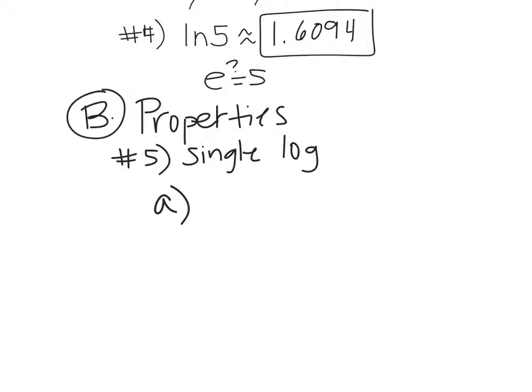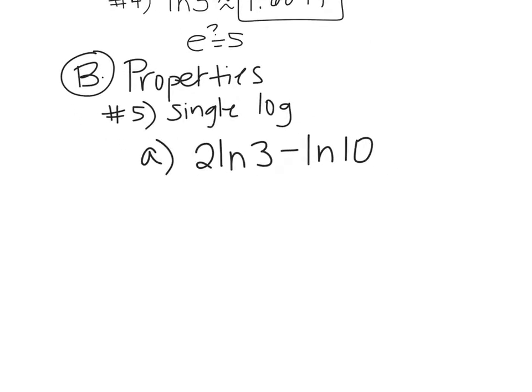Let's do a few of these. Let's do 2 natural log of 3 minus the natural log of 10. We're not going to evaluate this. We're not finding a number. We want to use our properties to write this in terms of one single log. There's 2 properties in this problem.